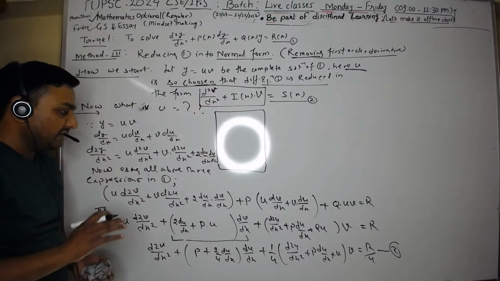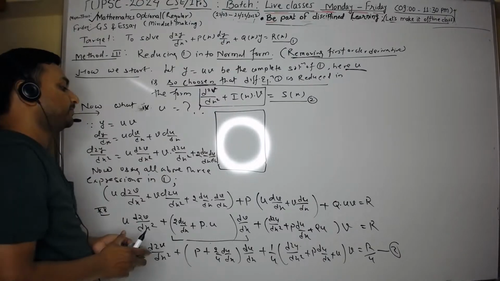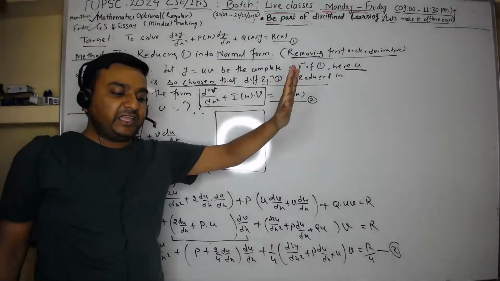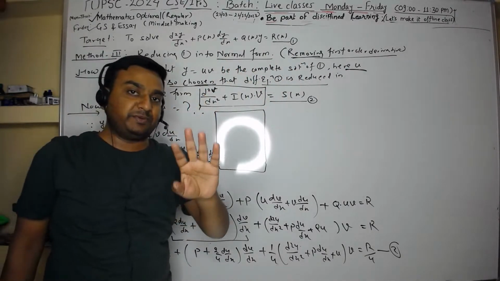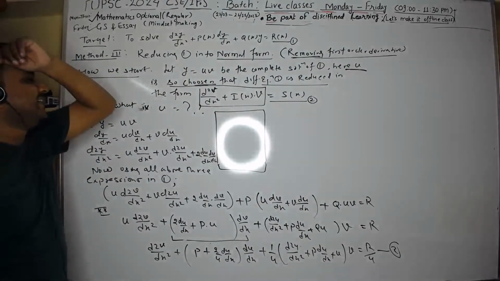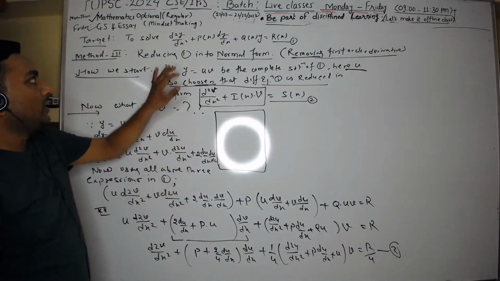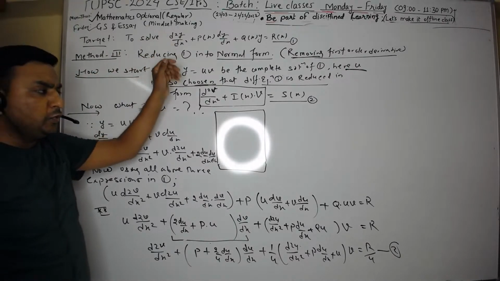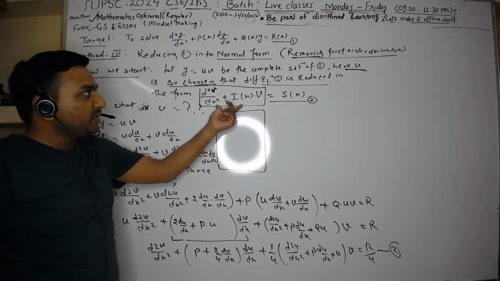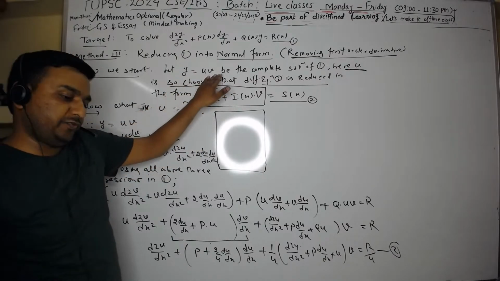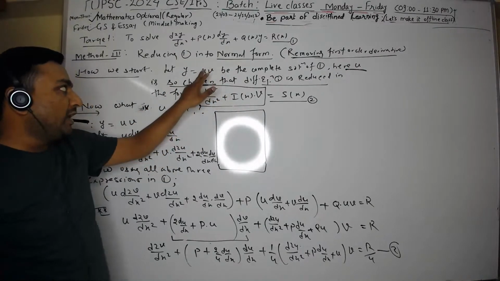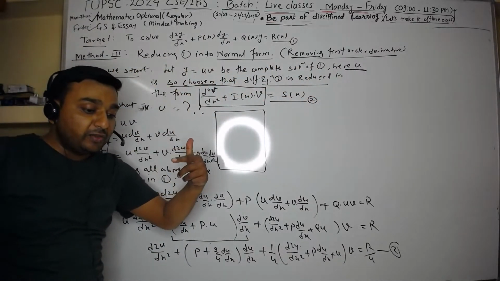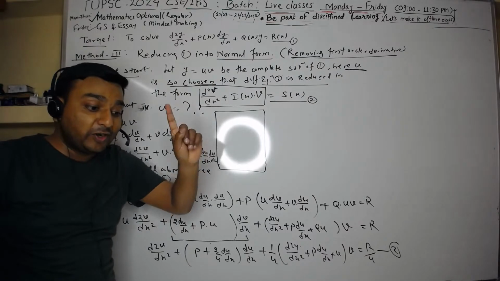Yes, see, Shibu, good question. Please read this again. कोई जल्दबाजी नहीं है अपने को. जिसको जल्दबाजी होगी वो थोड़ा सो जाएगा, मैं बाद में जगा लूंगा. ठीक है, देखिए शिबू, we say that this differential equation is reduced into normal form by using this substitution, where u is so chosen. किसको choose कर रहे हैं शिबू? We are choosing u, not v.